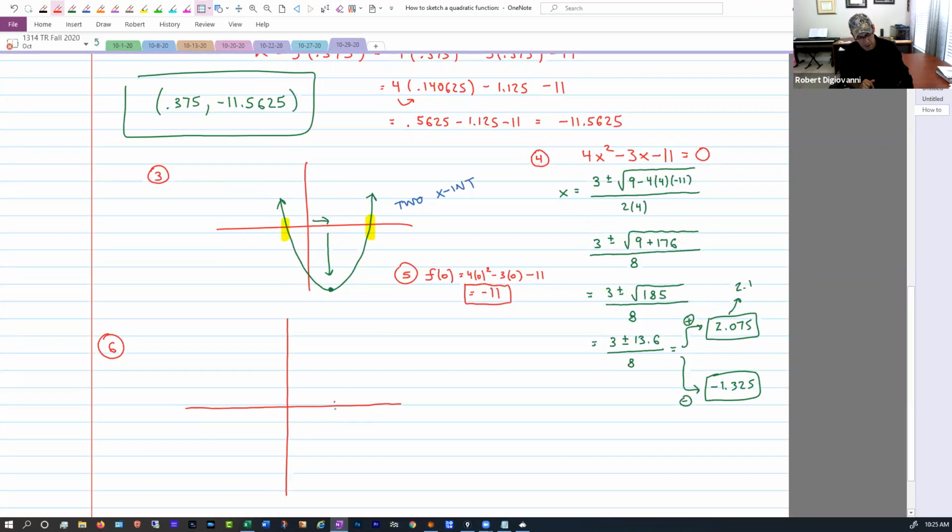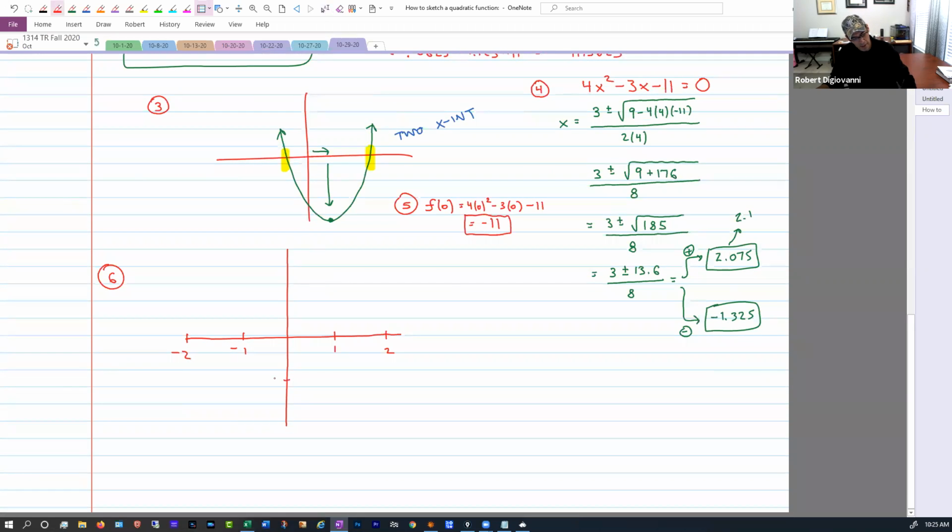So I'm just going to say this is 1 and this is 2. This is negative 1 and this is negative 2. And then as far as up and down, the lowest point I go to is negative 11. I'm sorry, negative 11.5. That's my vertex. So I'm going to maybe count by 5s here, 5, negative 10, negative 15. You don't have to be perfect with your graph. The thing I'm going to be looking for is whether or not you label everything correctly.